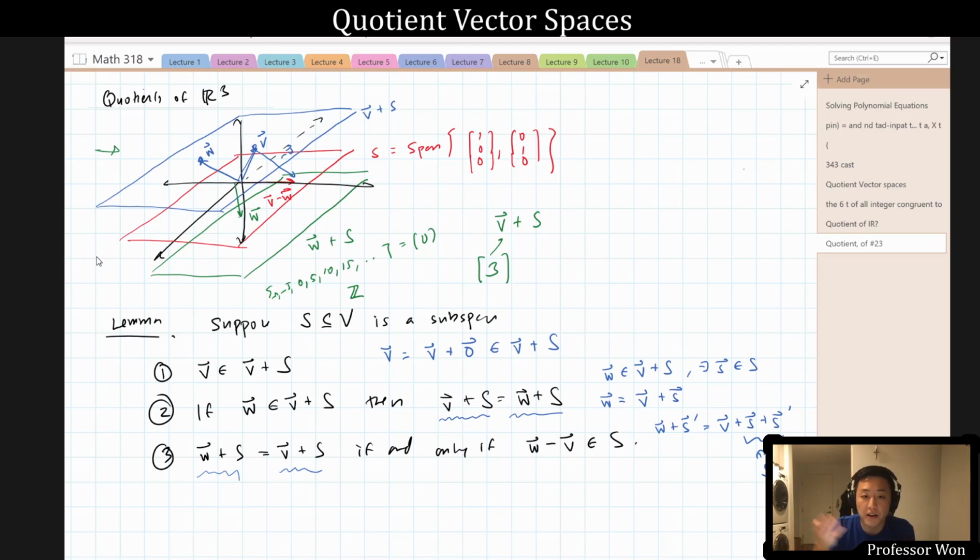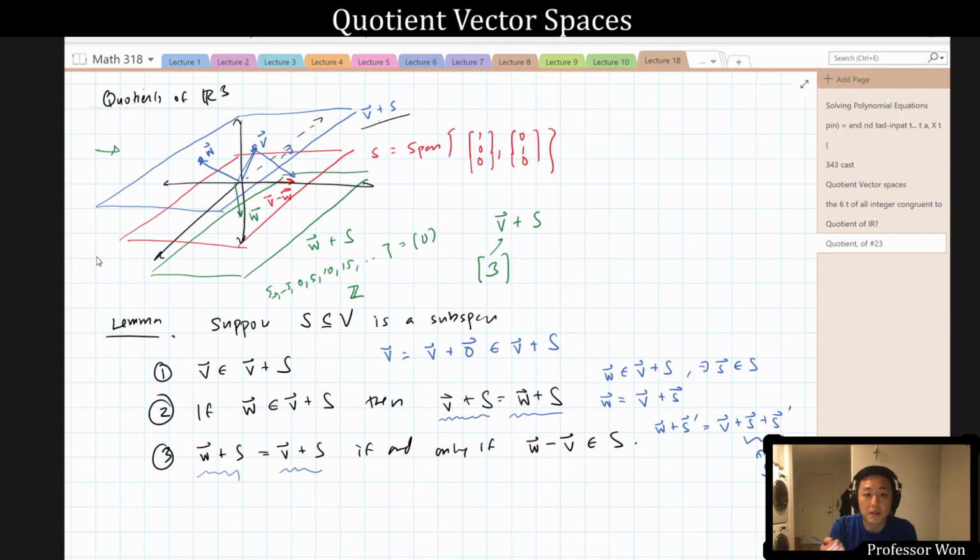You can break R3 up into all these planes, and each plane looks like some vector plus every vector in S, right? So that's why this blue plane is labeled V plus S, because you can think of it as the vector V that's on the plane plus every vector in S. So it's like you're going entirely in this direction.